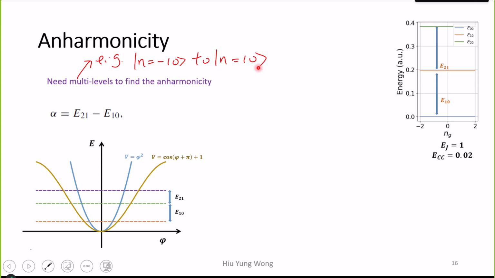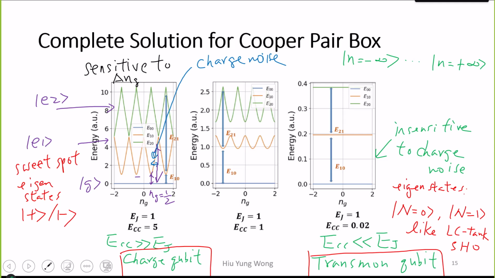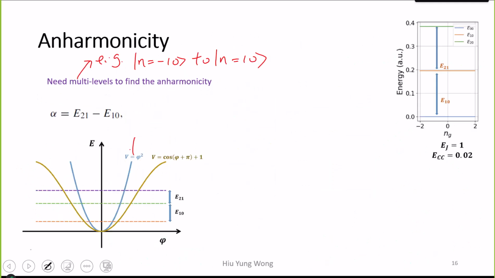But anharmonicity means this. You see that earlier for the LC tank, it has a parabolic energy shape. Then you will get an even spacing of the energy. But now, due to the Josephson junction, this actually becomes a cosine. So this is not parabolic.